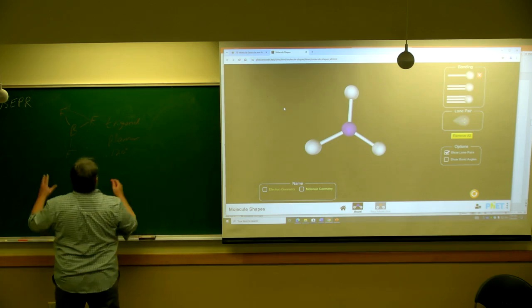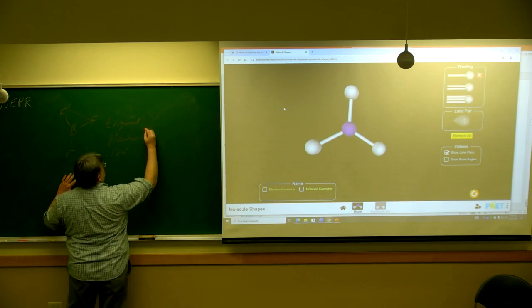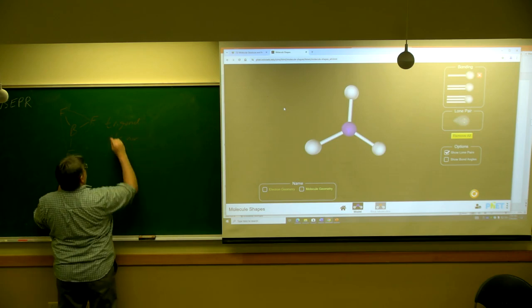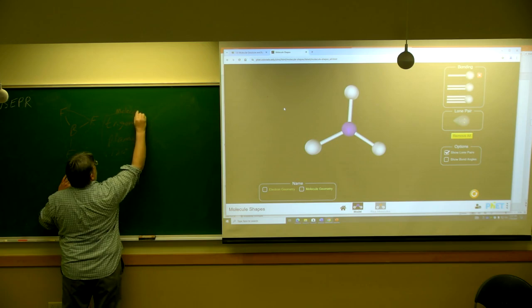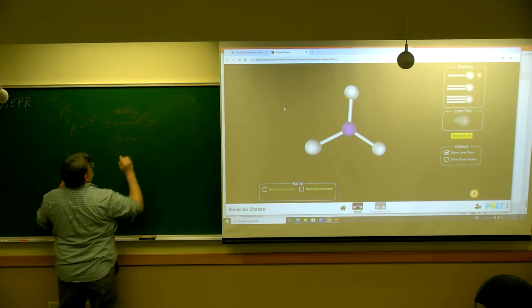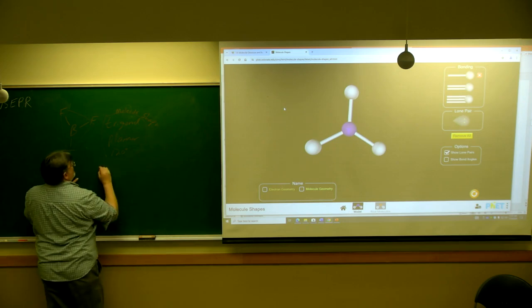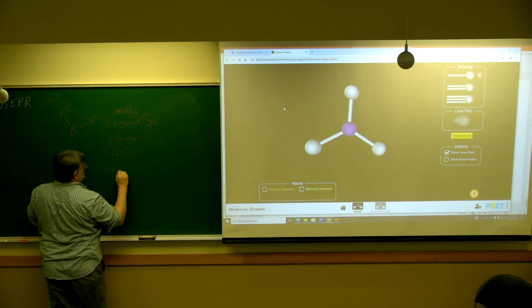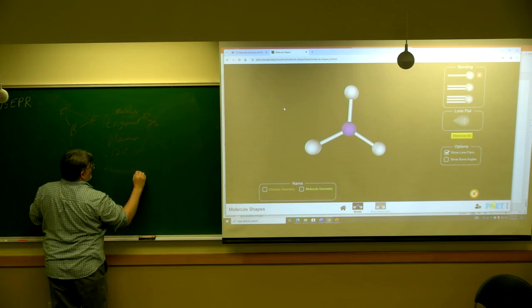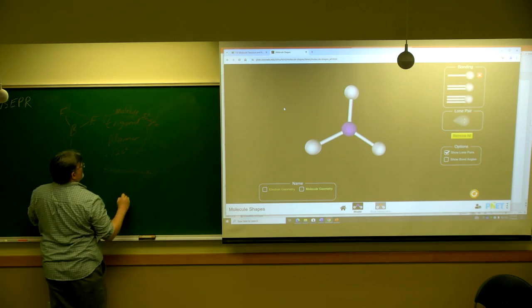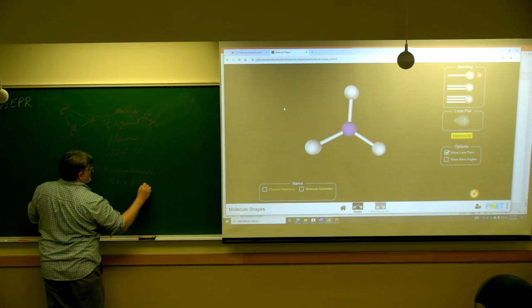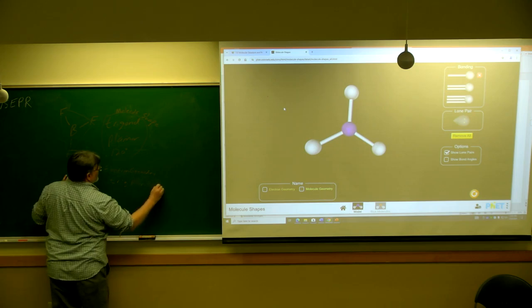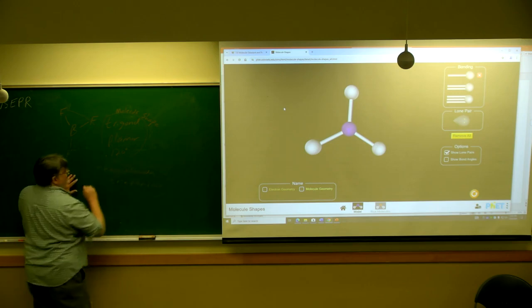I'll say BF3, this is the molecular shape, but its electron geometry is also trigonal planar, 120 degrees.